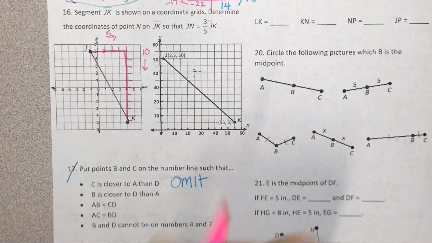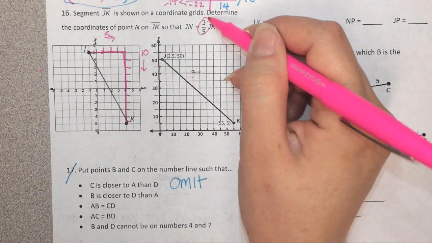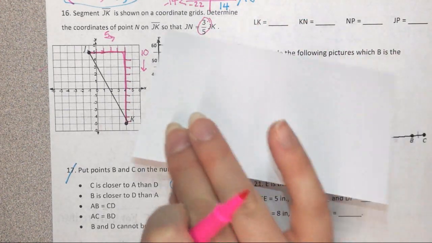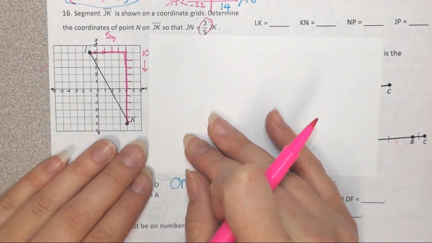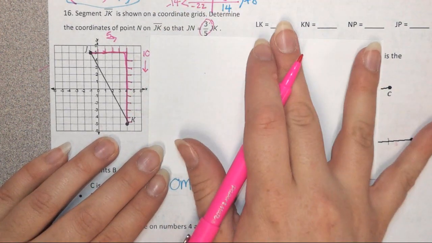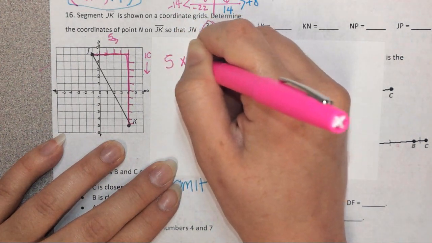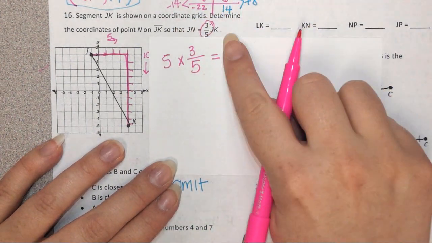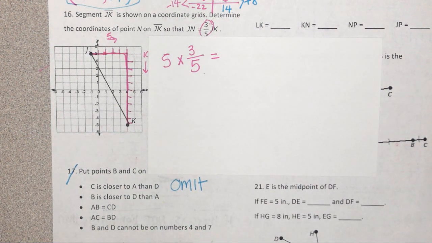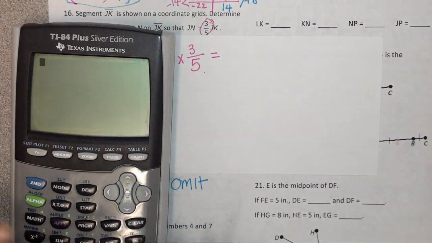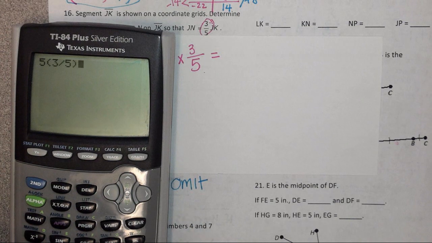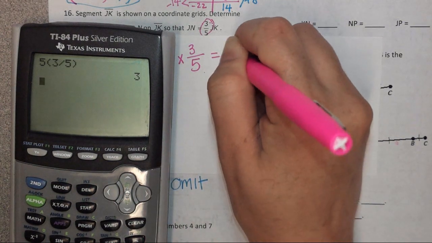So for this problem, I'm actually just going to use the rise and run to find my 3/5 point from J to K. Okay. So the way that you find your 3/5 point, and I'm going to do some scratch work over here, we're going to take our run and multiply it by our fraction 3/5. And that gives us 3.